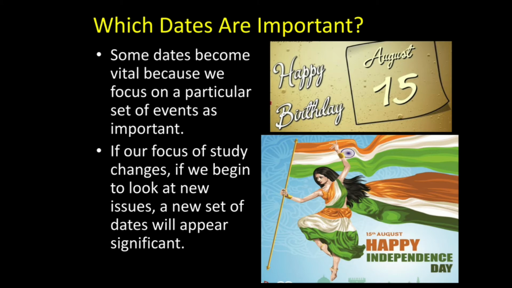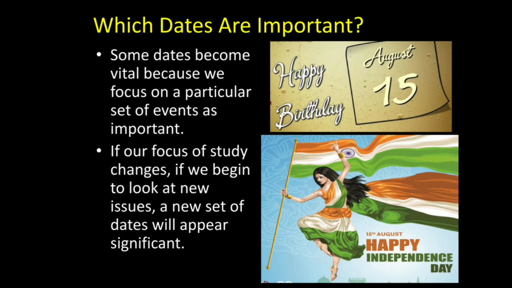But if we try to analyze the date 15th August from others' perspective, it might not be important for them because it is not their birthday, but that same day might be important for other Indians because 15th August is Independence Day. So the same date might possess different importance for different people, or different dates might possess importance for different people.